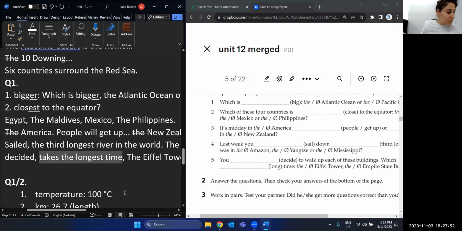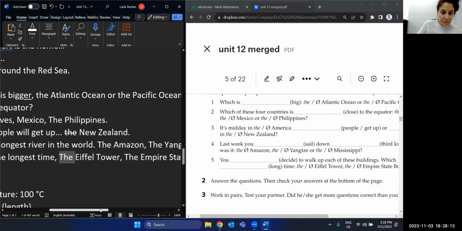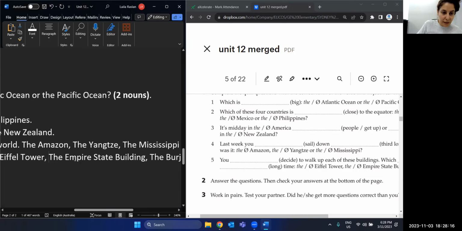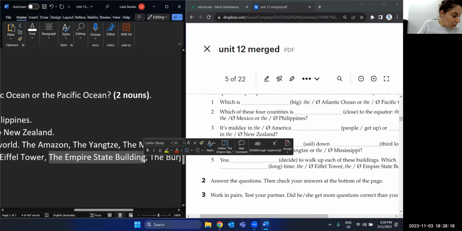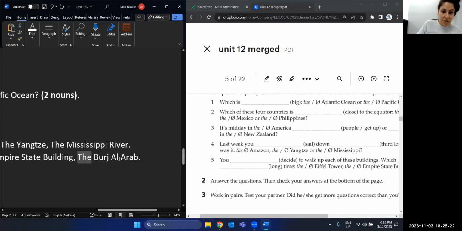So which of these places takes the longest time? The Eiffel Tower. Yes, we need to say the Eiffel Tower. The Empire State Building. Yeah, so we need the Empire State Building. Or the Burj Al Arab.